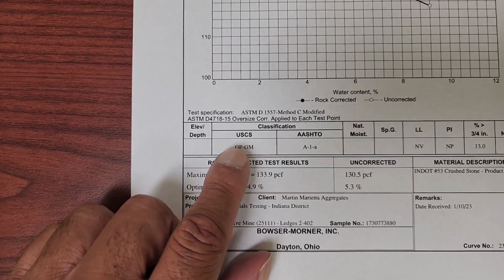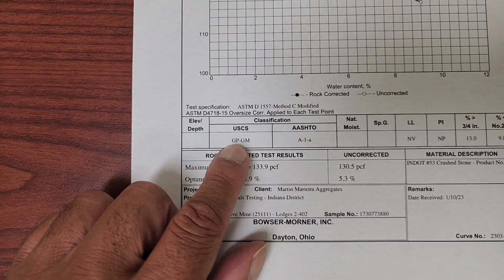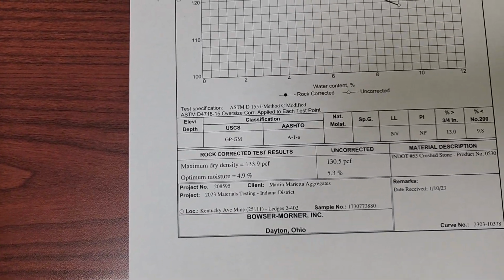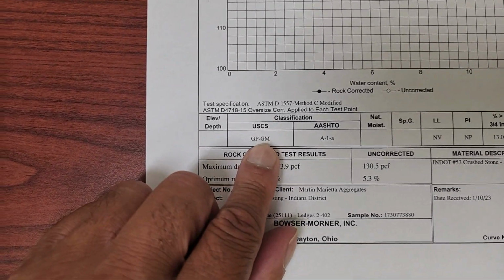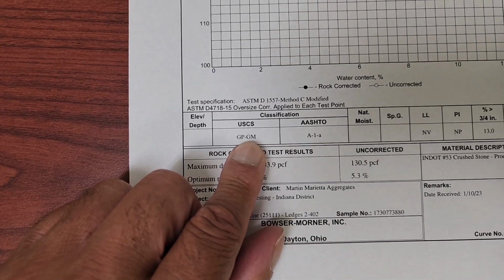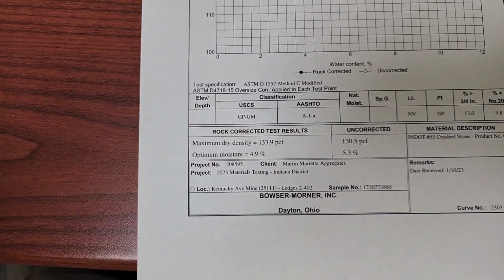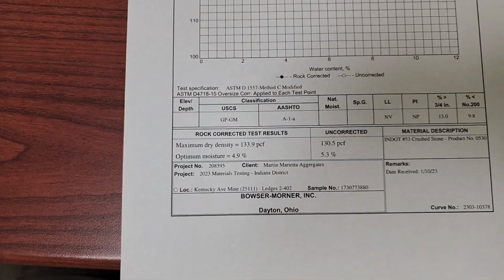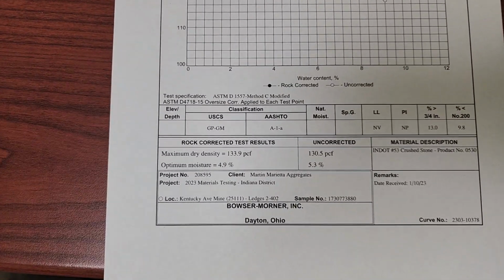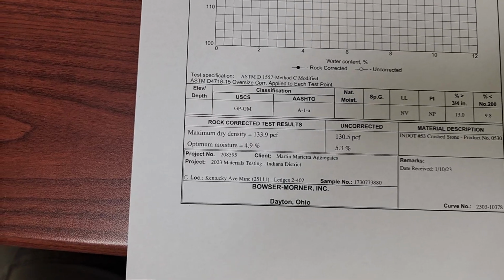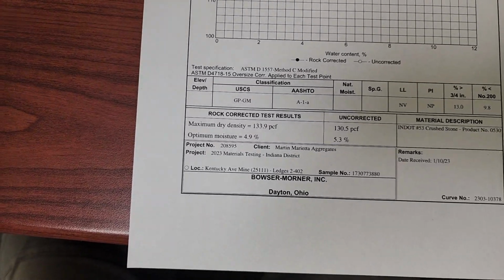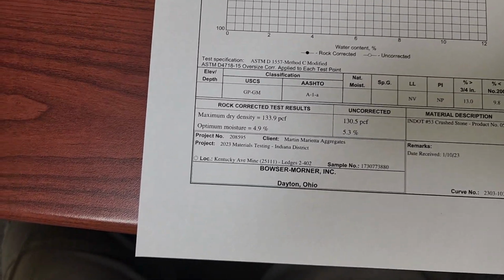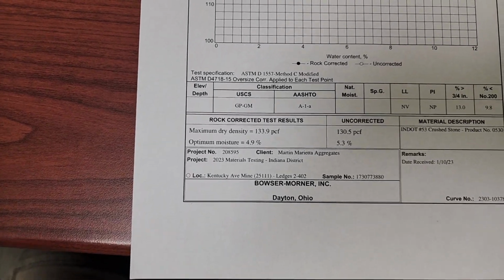And anything that has a G in front of it and a P, that means it's poorly graded. Now, you have coarse graded, you have well graded. Now, the GM is gravel, and that M stands for how much soil passed through what we call a sieve. Now, a sieve is made up of a circle, and they have different size sieves.